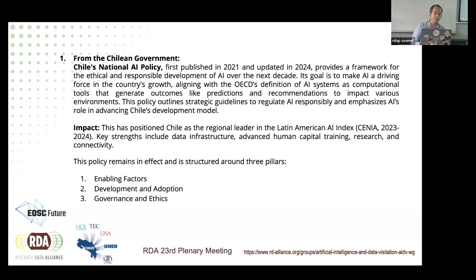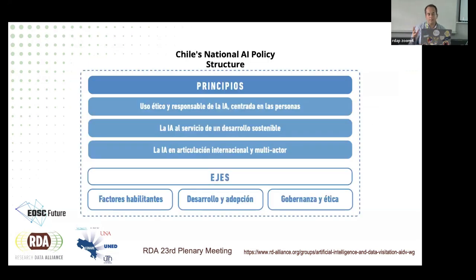This policy remains in effect and is structured around 3 pillars. One is enabling factors, 2 is development and adoption, and 3 is governance and ethics. Well, this is the main structure.